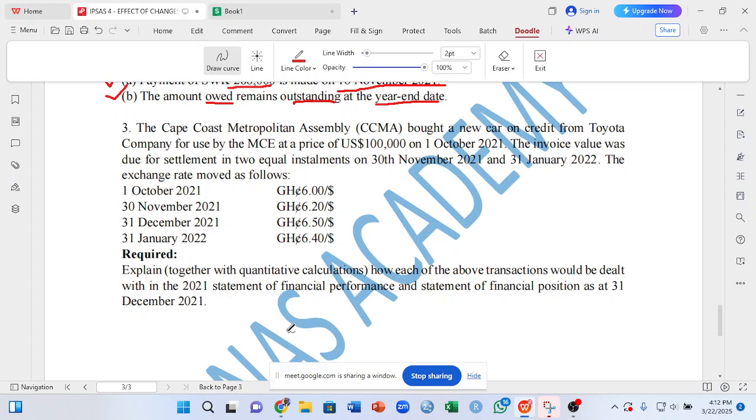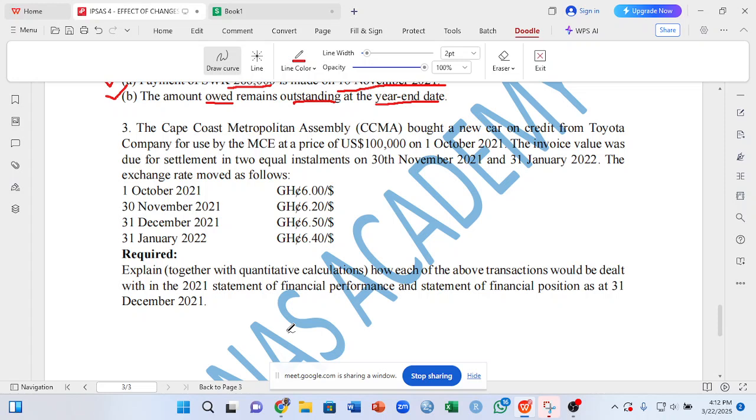Cape Coast Metropolitan Assembly bought a new car on credit from Toyota Company for use by the MCE at a price of 100,000 US dollars on 1st October 2021. The invoice value was due for settlement in two equal installments on 30th November 2021 and 31st January 2022.